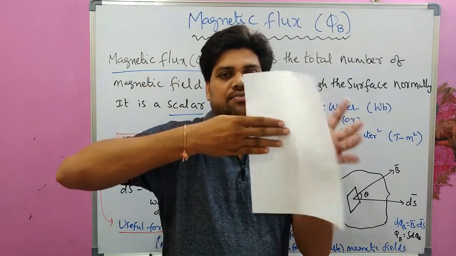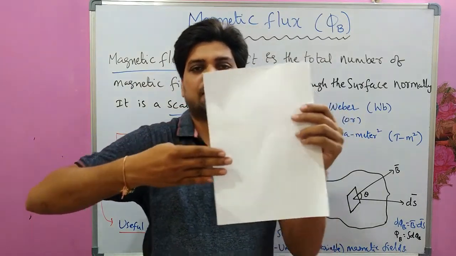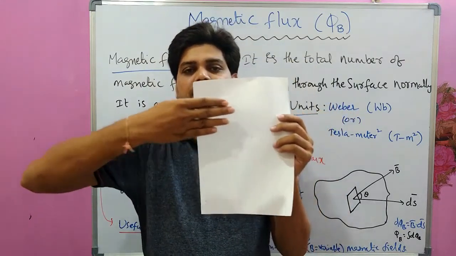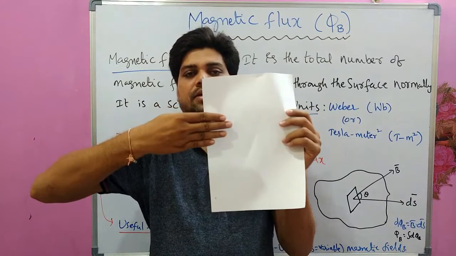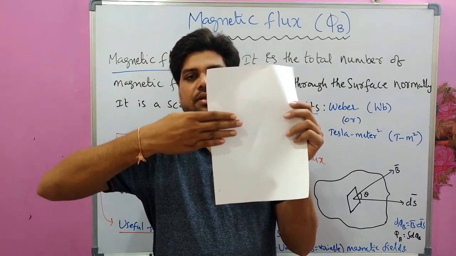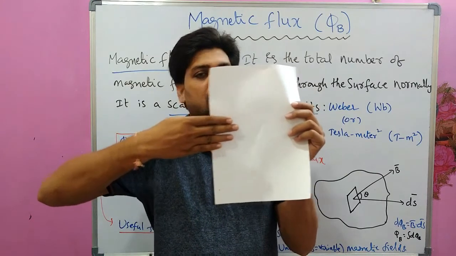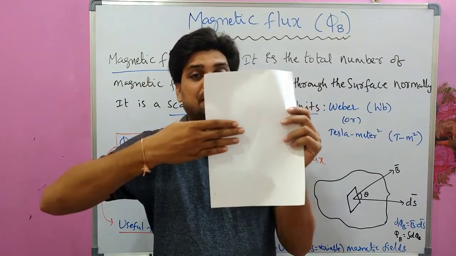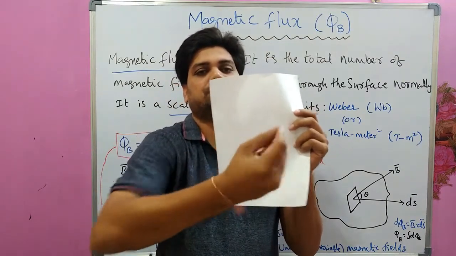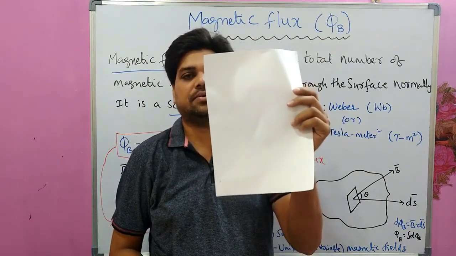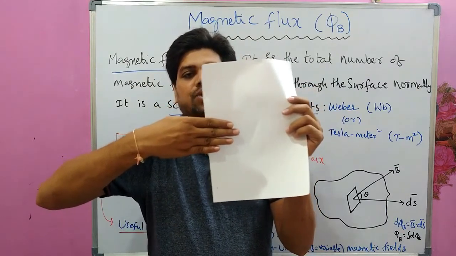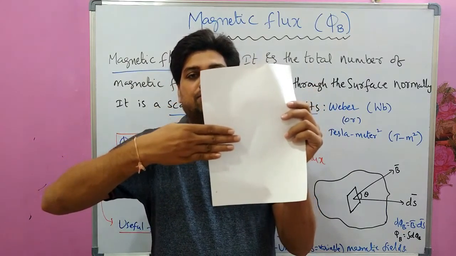But if I place the surface in this way and magnetic field direction is towards my left, towards the fingers direction, in this case the magnetic field lines are not passing through this surface normally. Normal means this side towards you in the present case, but the magnetic field lines are passing from my right to left.